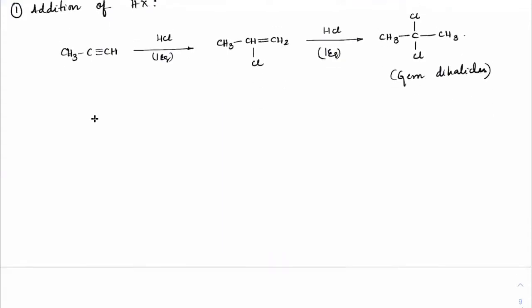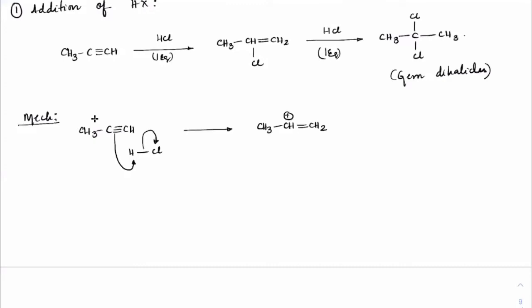Let's see the mechanism for the same. CH3 C triple bond CH extracts the proton, releasing Cl minus, generating a less stable carbocation, which is a vinyl carbocation.